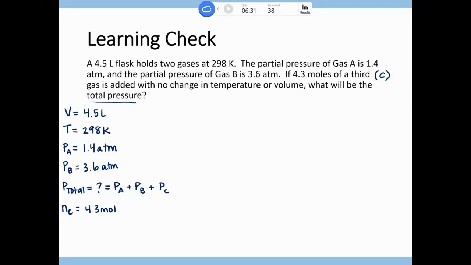We know pressure of gas A, we know pressure of gas B. We need to find pressure of gas C. We have moles of gas C. We have the total volume. We have the temperature. So we can use PV equals nRT to solve for pressure of gas C. If we're using the moles of C, then we'll get the pressure for gas C. And then we can add that together.